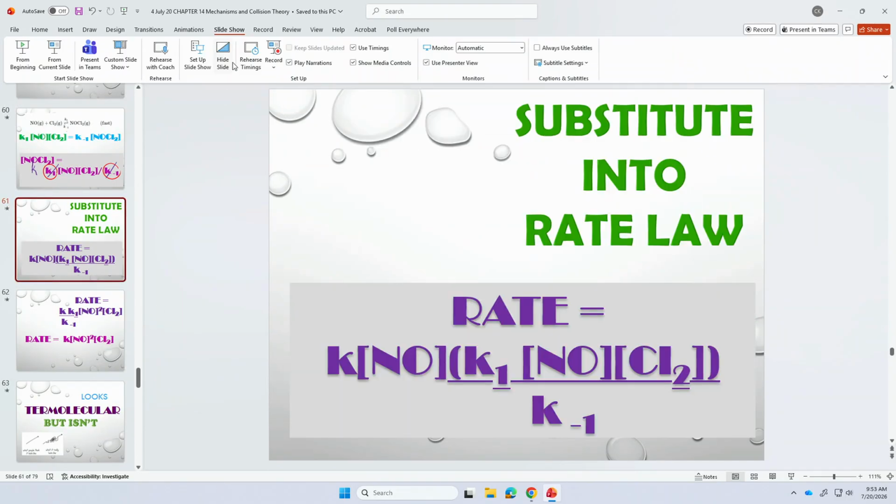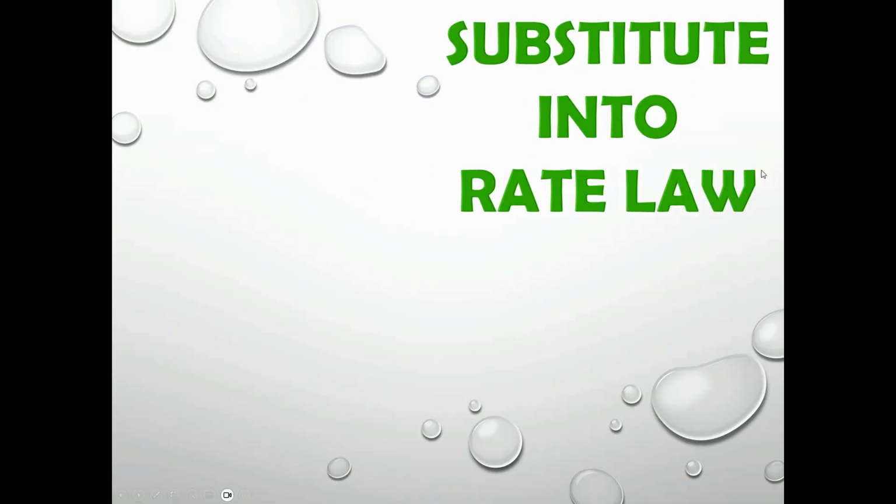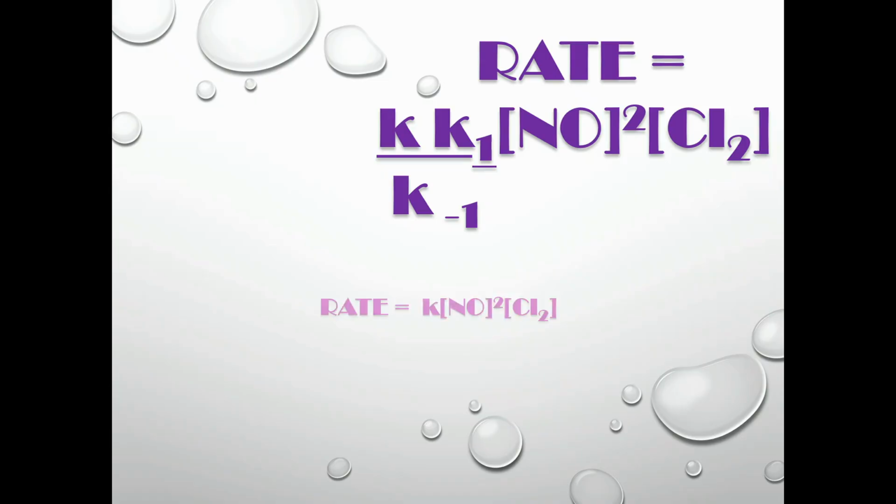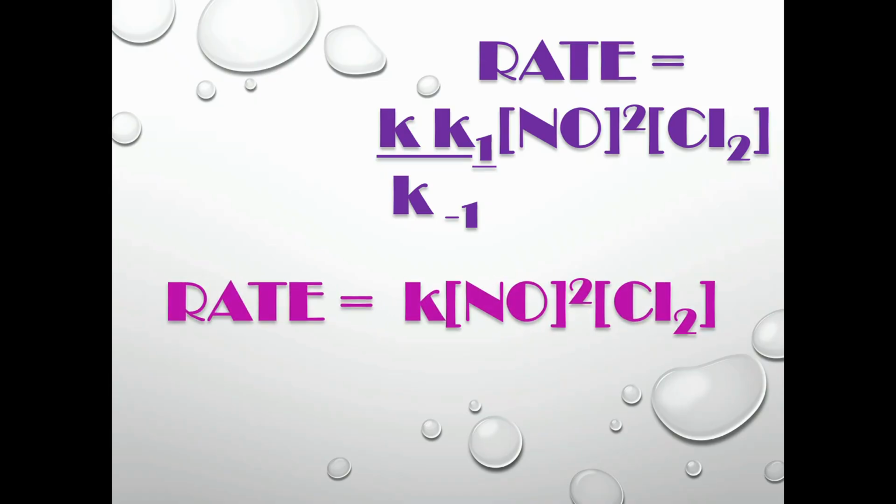So now I have k[NO] times what would have been [NOCl2], which is now k1[NO][Cl2] over k-1. But all those Ks are constants. So I'm just going to say the rate is K times [NO] squared times [Cl2].